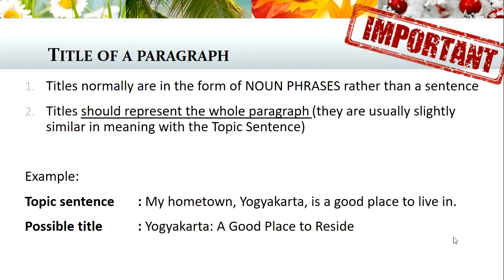So the title should resemble the topic sentence. So we can say, in other words, that the title is the noun phrase version of the topic sentence, and vice versa. The topic sentence is the sentence version of our title. That is very, very important to remember.